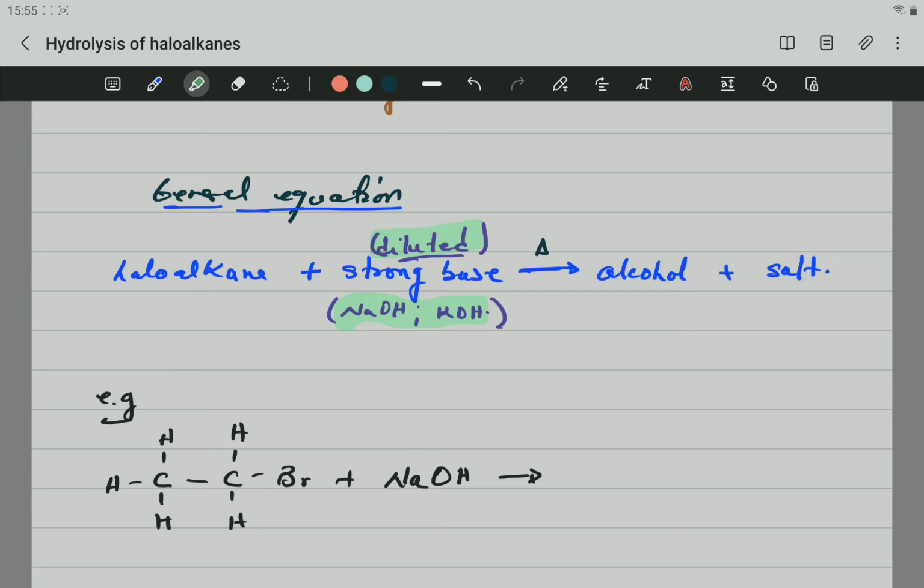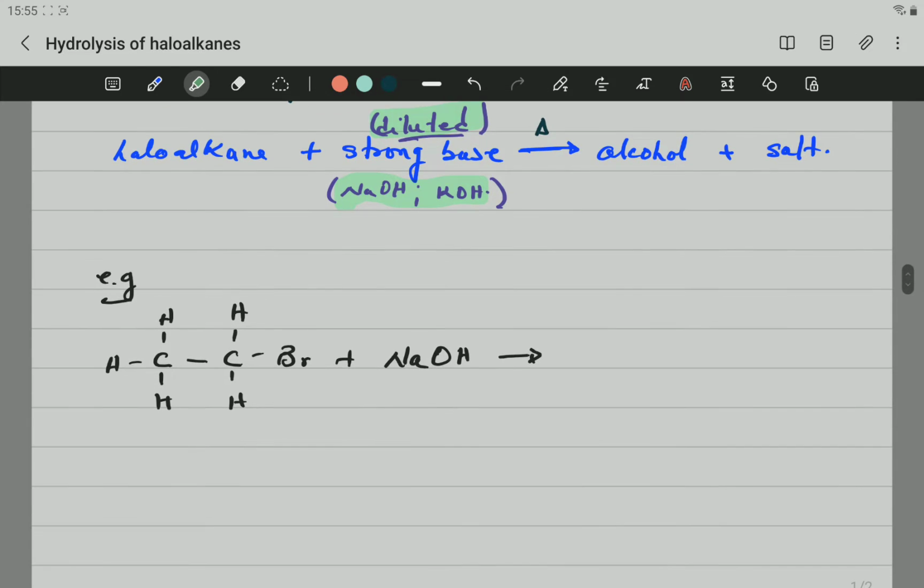Let's see one example so you understand what is going to happen here. This is bromoethane. You don't have to write 1-bromoethane because either carbon is going to be number 1.